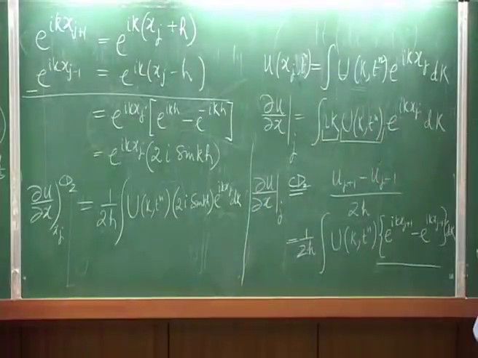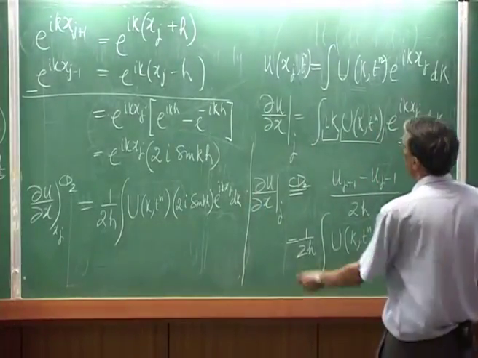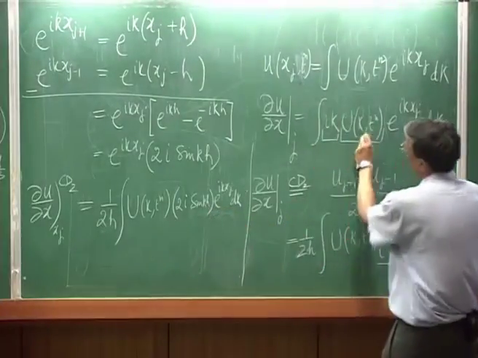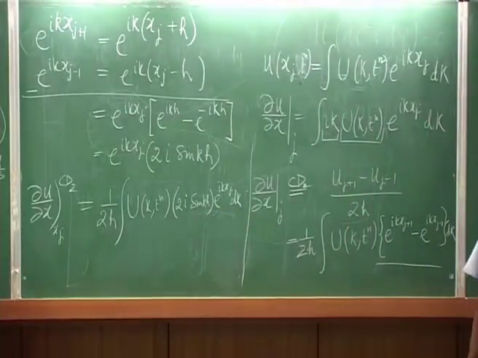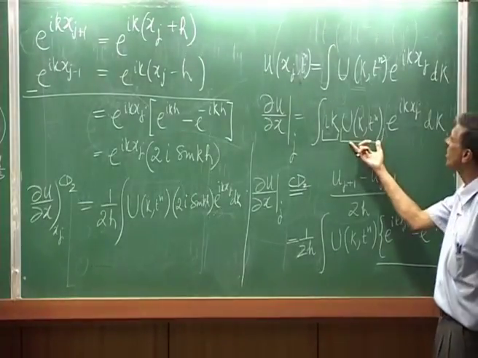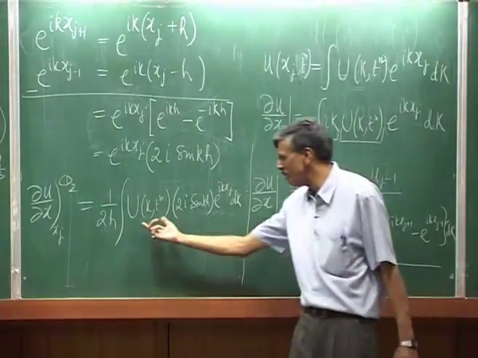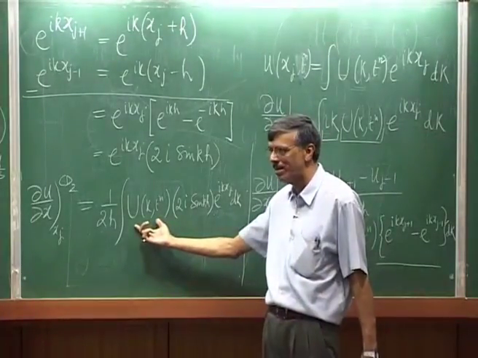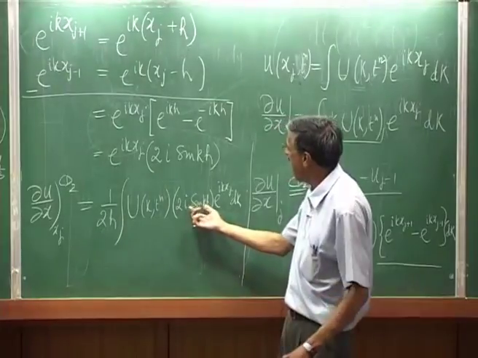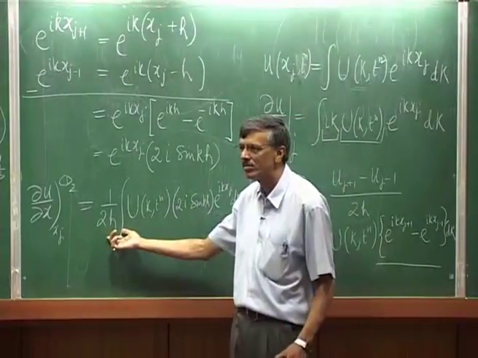Now, compare this expression with this. What is the essential difference? In this case, every Fourier component was multiplied by ik. Here, every Fourier component is multiplied by i sin kh by h.